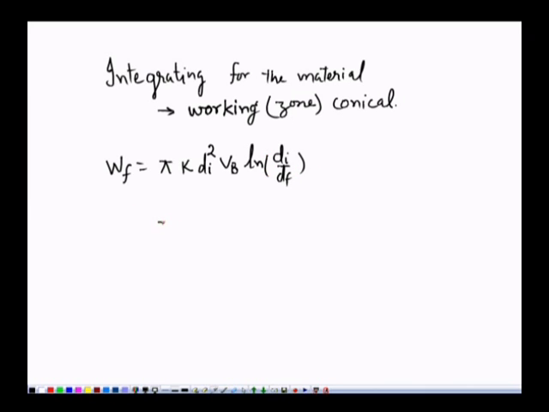Or this may be equal to pi by root 3 sigma y di square Vb log of di upon d final.